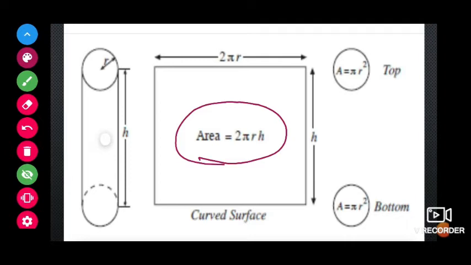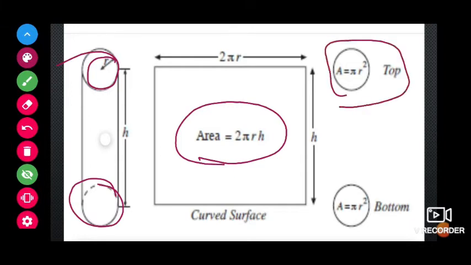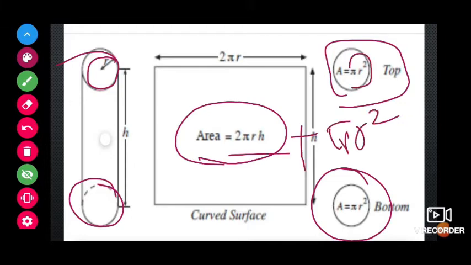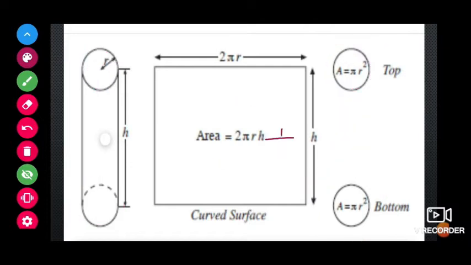Total surface area will include even the top circle and the bottom circle. The top circle area is pi r square and the bottom circle area is pi r square. So total surface area is 2 pi r h plus pi r square plus pi r square.